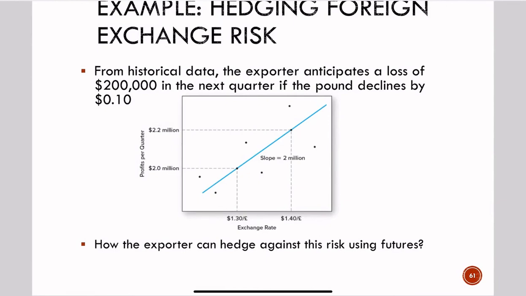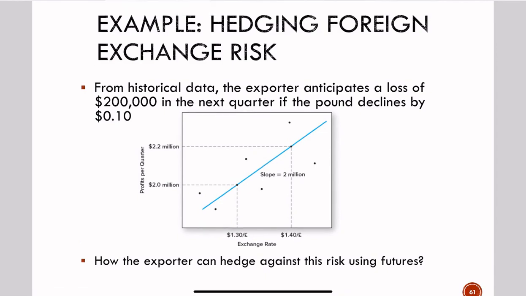Basically, this firm can look at its past history. Let's say the firm finds that if the exchange rate is this, my revenue is about 2.1, so I put a dot here.